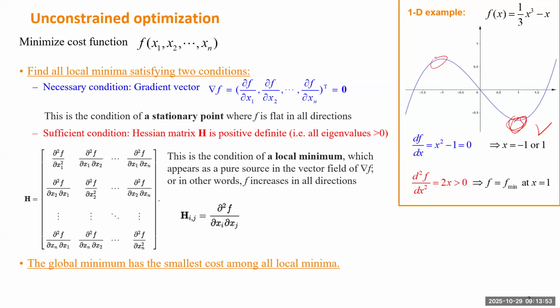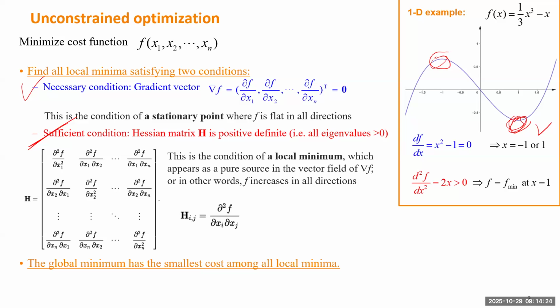If you don't have many variables to solve, so you're dealing with a lower dimensional problem, you may skip the sufficient condition and only check the necessary condition. By checking the necessary condition, you identify all the stationary points, and then you calculate the function values at all the points. The one taking the minimal value will be the final solution.